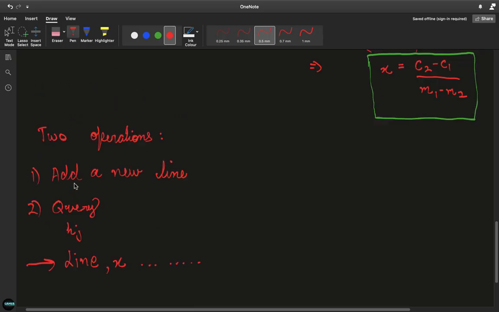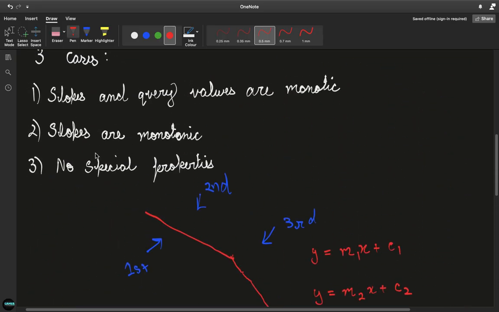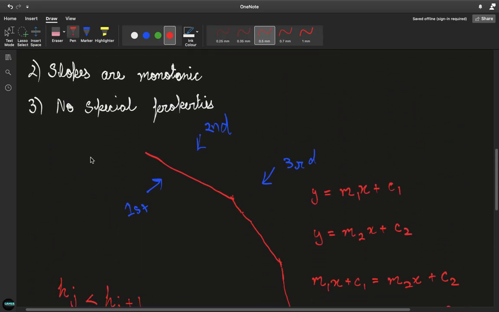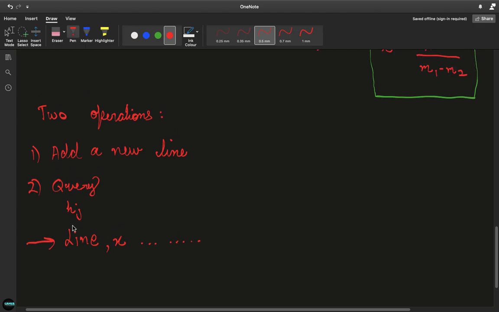But when we have the second case, when only the slopes are monotonic and the query values aren't monotonic, we actually need all these lines. So we can't remove any line. But what we can do to find the optimal line for some x is basically binary search.